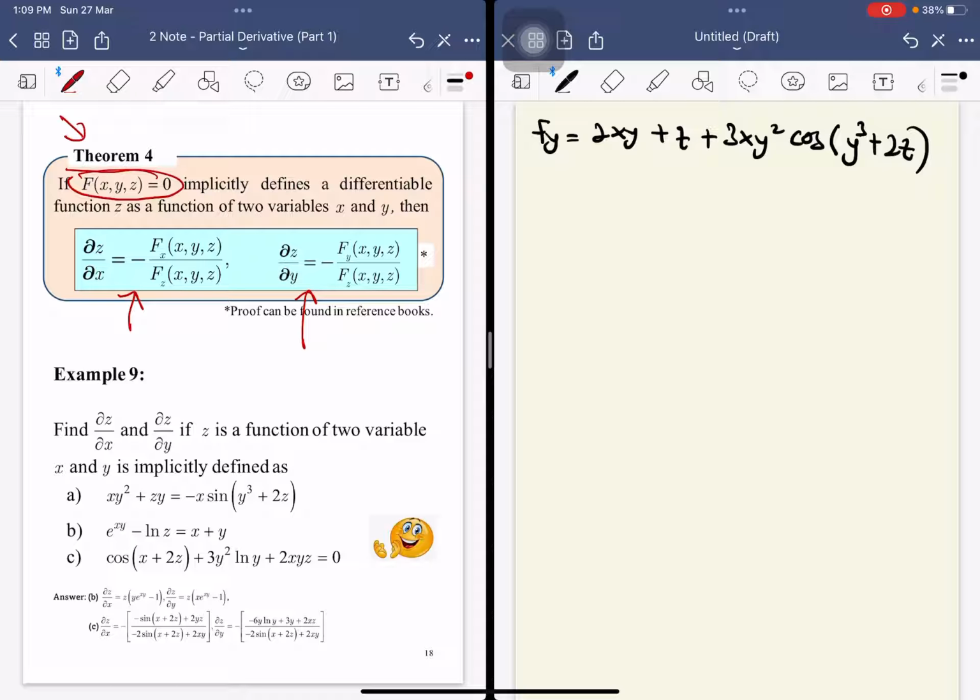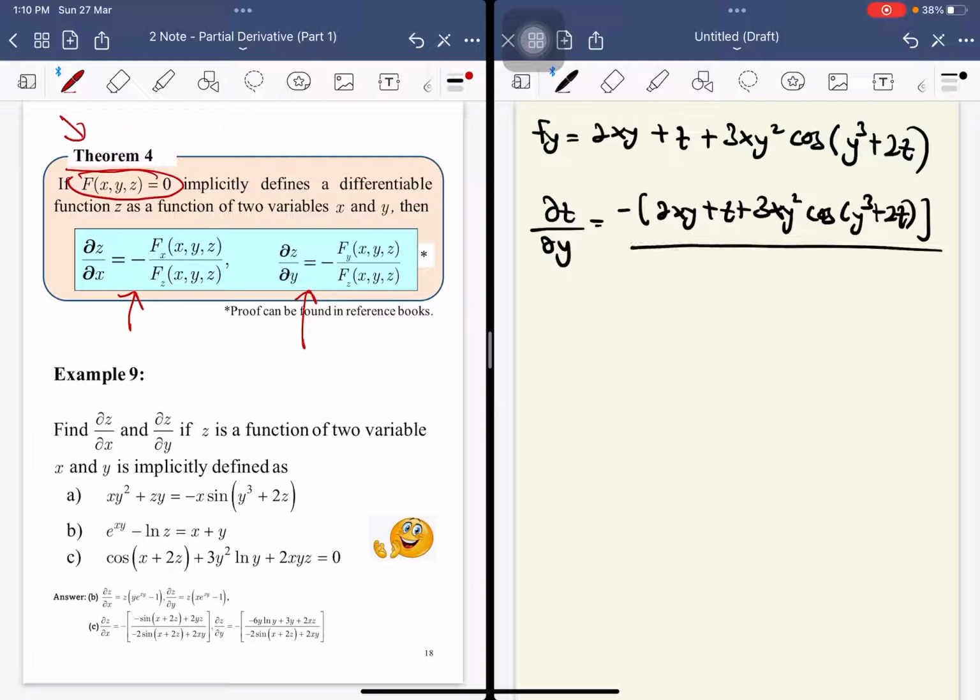So from here we know that del z del y that we would like to figure out is equal to 2xy plus z plus 3xy squared cos y to the power of 3 plus 2z, divided by Fz that we figured out just now, which is y plus 2x cos y to the power of 3 plus 2z.